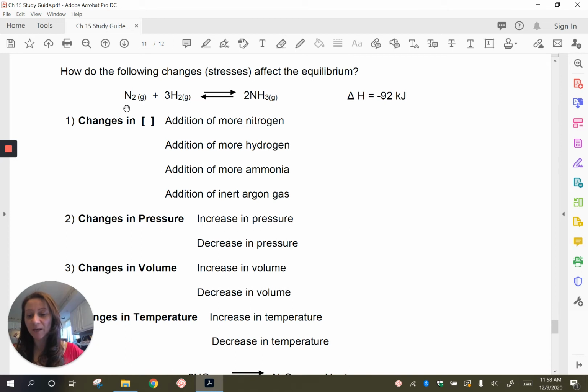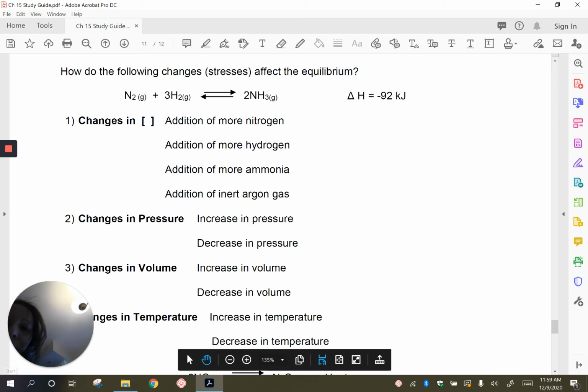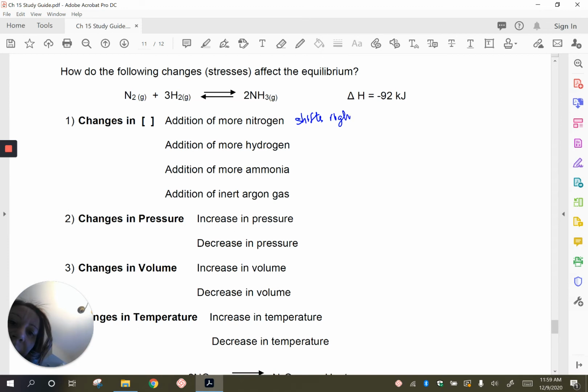So the system will shift to the right, meaning the forward rate is going to be a little bit faster in order to use up that extra nitrogen. So shifts right to use up the extra nitrogen that we've added.